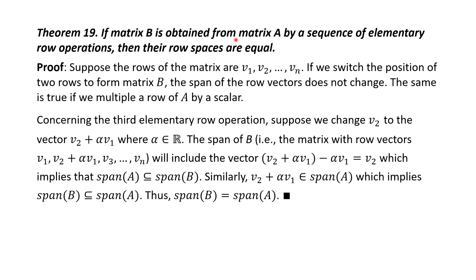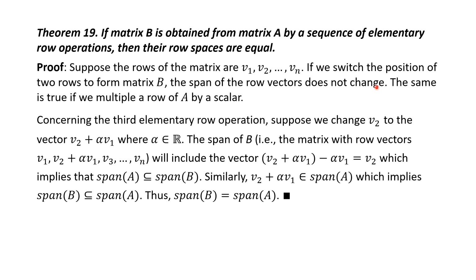If matrix B is obtained from matrix A by a sequence of elementary row operations, then the row spaces are equal. So we have 3 cases. The first 2 are pretty easy. First of all, let the rows of our matrix A be V1, V2 up to Vn. If we switch the position of 2 rows to form matrix B, clearly you still have the same span.